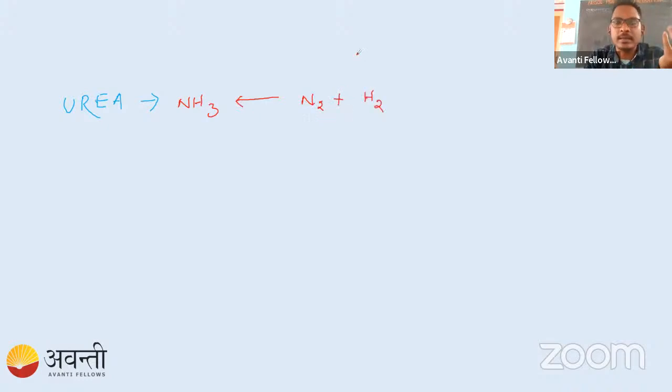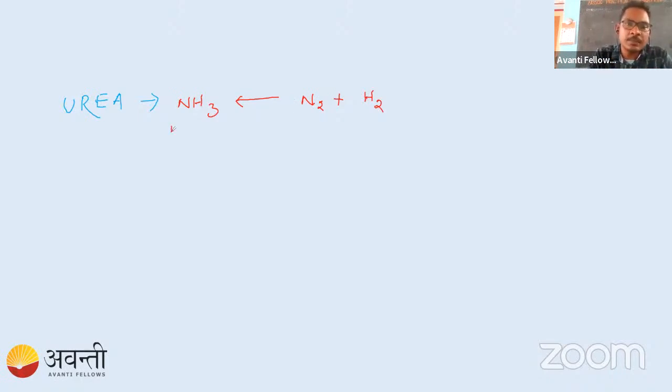Like a science student, or anyone who tries to produce NH3, wants to know that if we take some particular amount of nitrogen and hydrogen, how much ammonia it can give us. So in this chapter, we are going to discuss the time it will take for completion of a particular reaction.